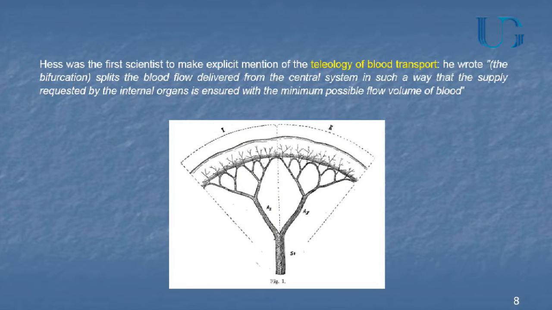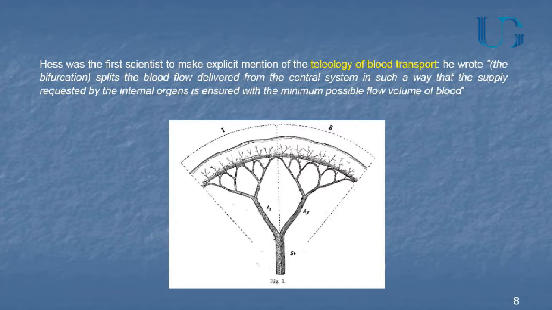What is new about Hess' formulation is that he was the first one to try to interpret the blood circulation in an energy way, and keeping in mind the goal of the transportation of blood, the teleology. He has a teleology of blood transportation, circulation, which nobody before him had shown.